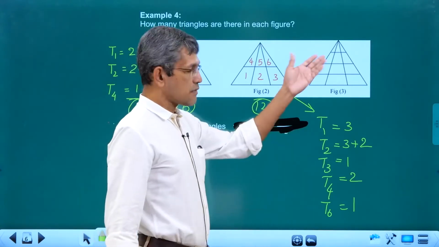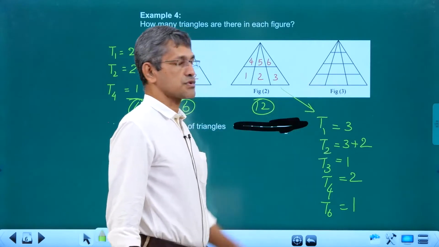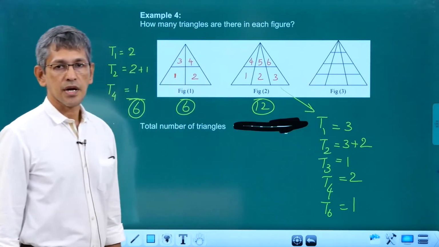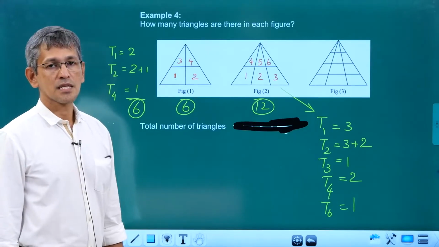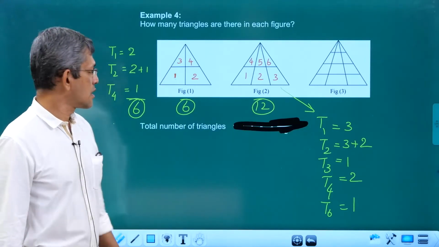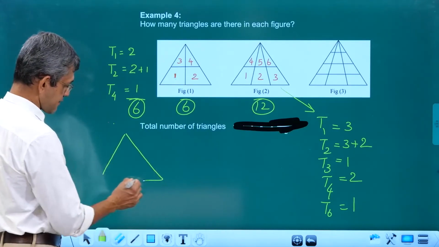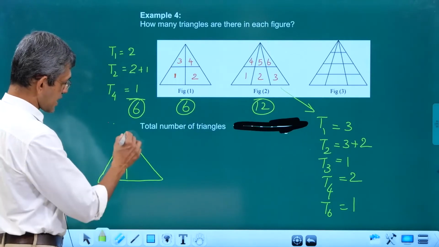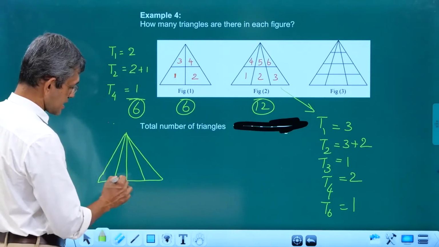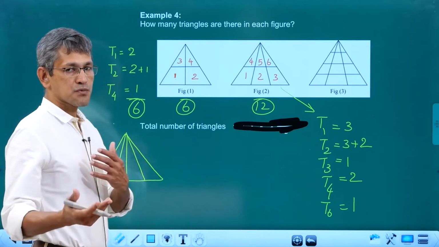And for the next one, we can think about counting, but that counting must be time consuming, right? So do we have a method for that? That's the question. Do we have a shortcut? In the previous question, if a triangle is partitioned into a number of small triangles, and each shape is a triangle, we can use n into n plus 1 by 2.